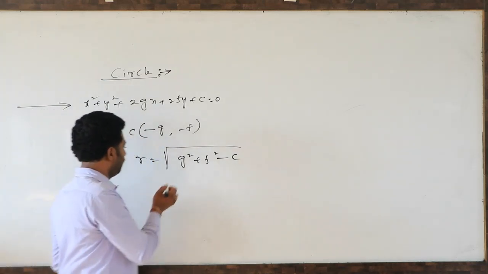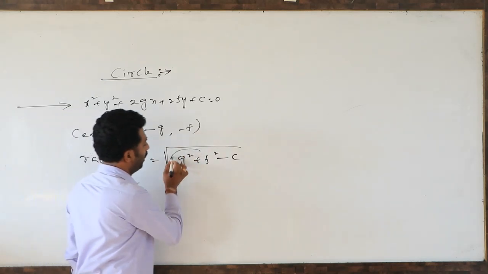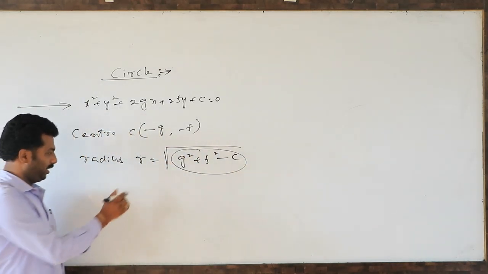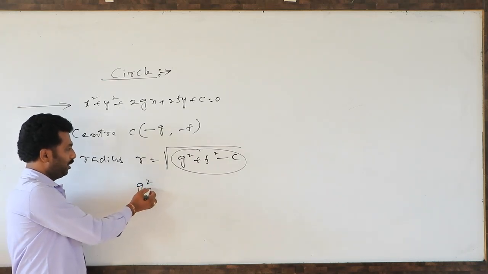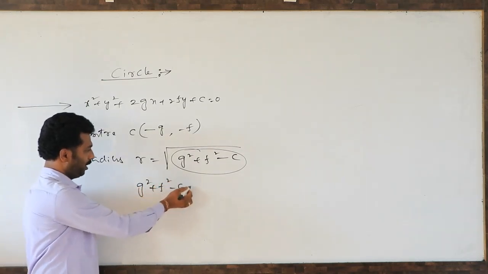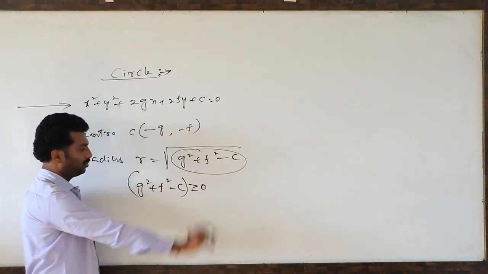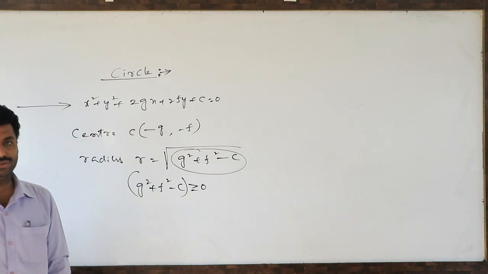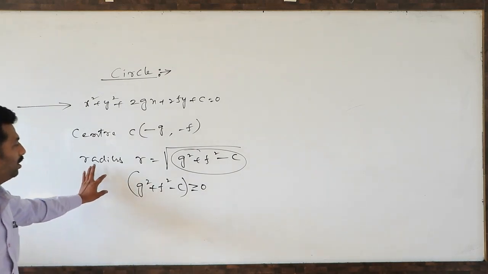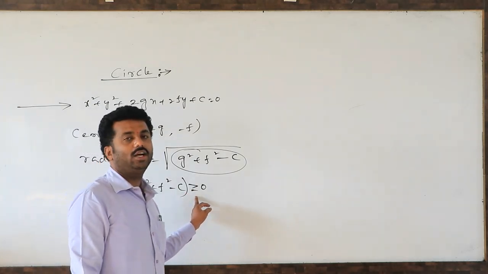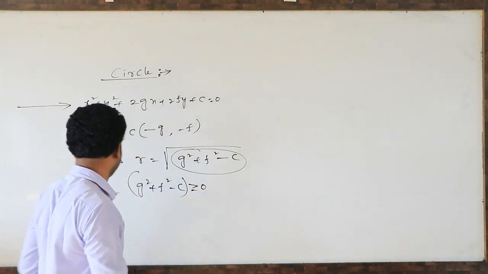One more condition from this is the under root function, that is g square plus f square minus c, this whole term must be greater than or equal to 0. That point you have to remember, g square plus f square minus c always greater than or equal to 0. Next.